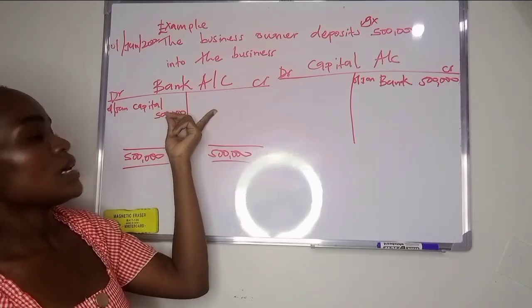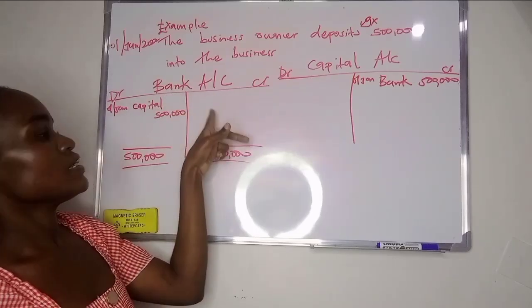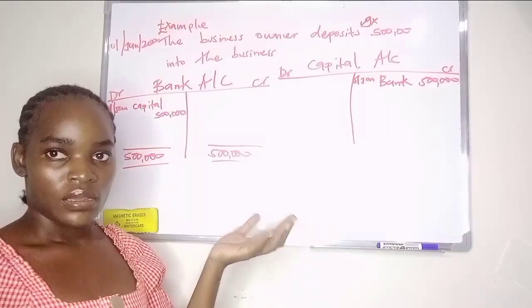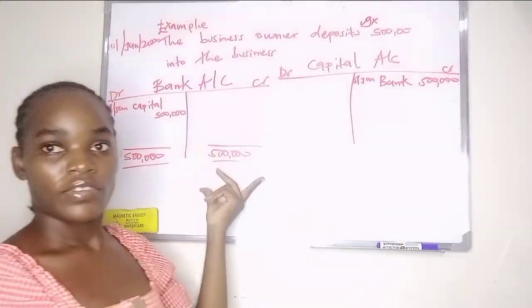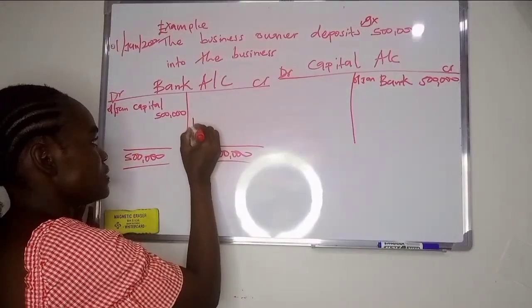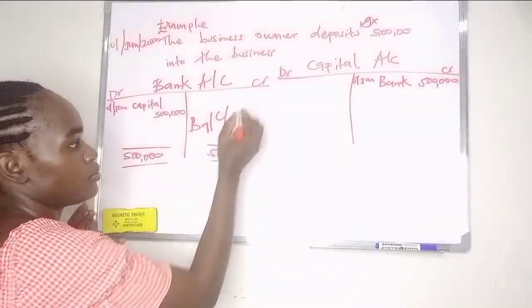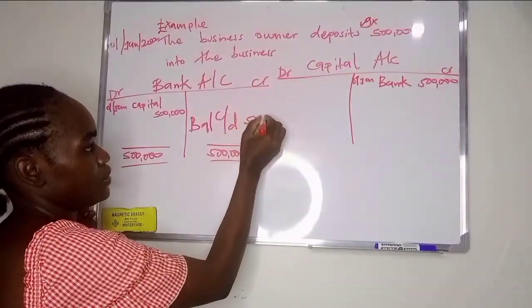In case there was any amount here, we would have subtracted this minus this to get the closing balance. But there is nothing here, so this same figure will become our closing balance. And closing balance, we write as balance carried down, which will be 500.